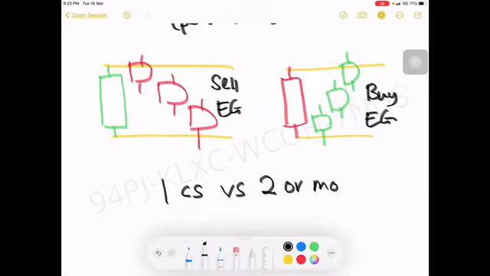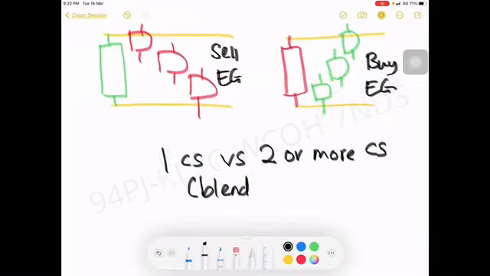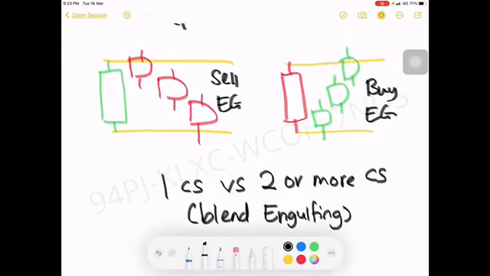Okay. All right. One candlestick or more candlesticks can form an engulfing.